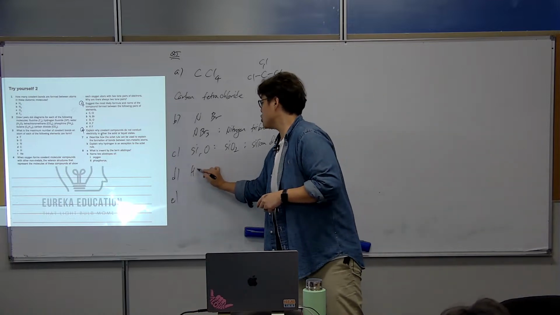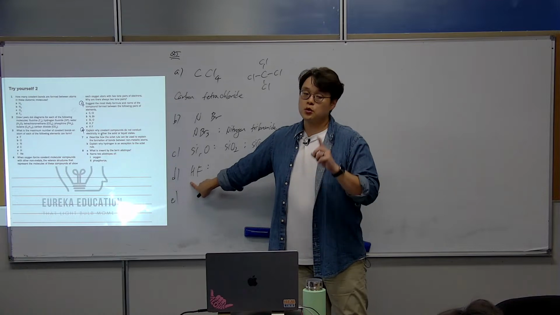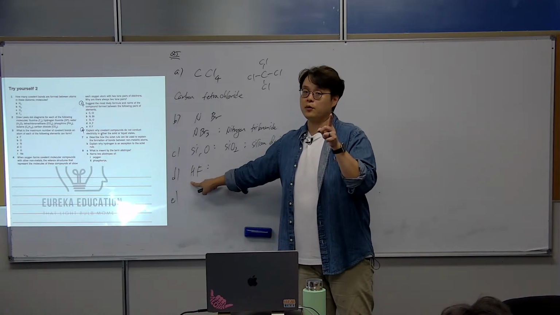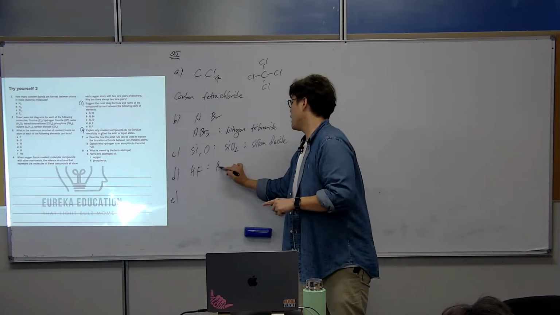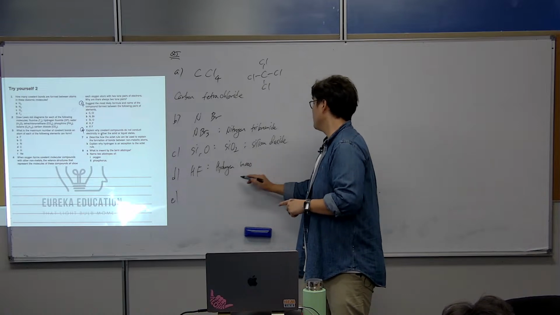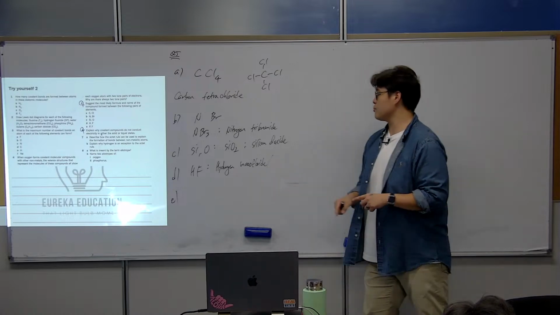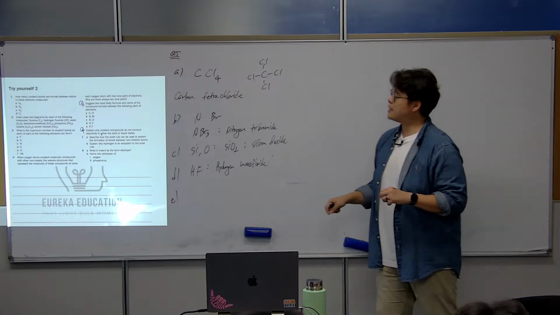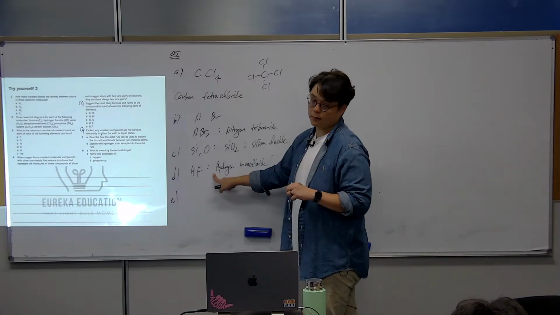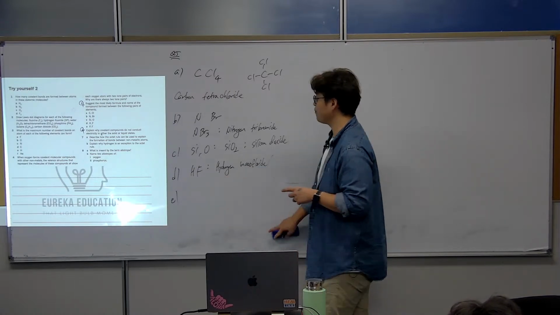Next one, H and F: hydrogen can form up to 1 covalent bond, and fluorine can form 1 as well, known as hydrogen monofluoride. Sometimes it's called monohydrogen monofluoride, but we tend to skip the mono in front of the first element or non-metal element.